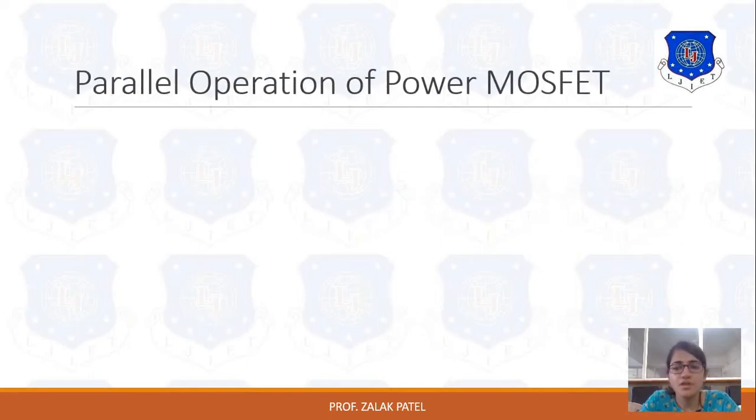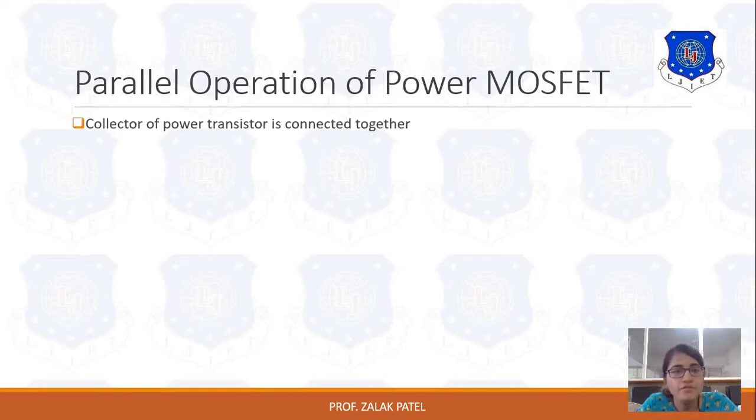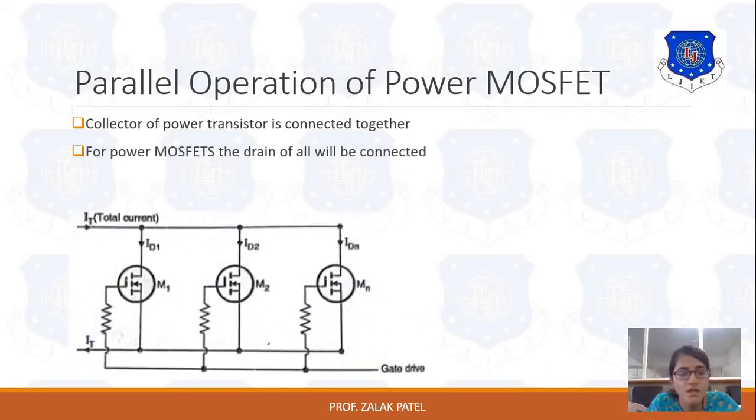Next is the parallel operation of power MOSFET. For parallel operation of power MOSFETs, the collectors of the power transistors are connected together like this. Here you can see that for each MOSFET, the collectors are connected together and supplied from the current IT, which is the total current. Here the base and emitter can be connected easily to other devices if needed.